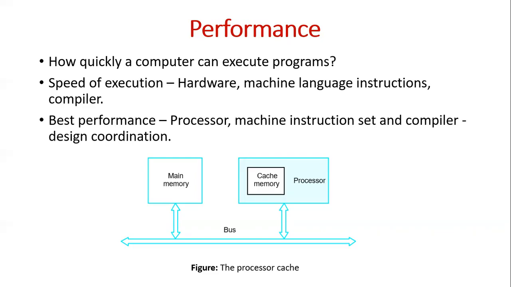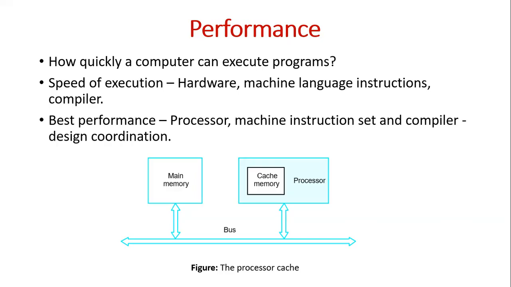And also, the speed of execution of the computer depends on the performance of the compiler, because the compiler is the one which converts high level language to machine level language. There is something called an optimized compiler. An optimized compiler converts the high level language to the corresponding machine language instructions in such a way that the number of machine language instructions will be as low as possible.